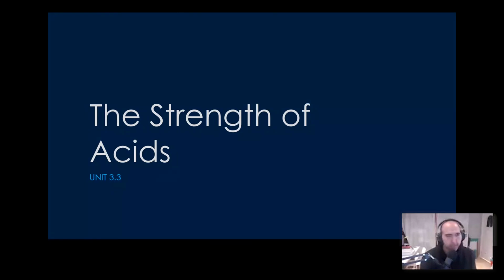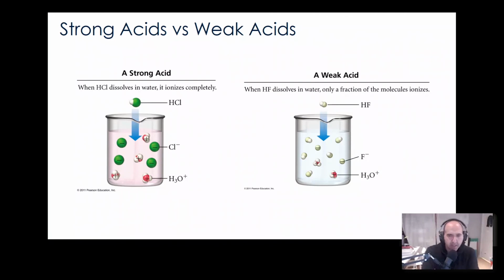All right, so we have talked in your chemistry education about acidity and what it means. If we think about our classic definitions of acids and bases, an acid, according to Bronsted-Lowry, which is maybe the most common theory that we use, is a hydrogen ion donor, and a base is a hydrogen ion acceptor.